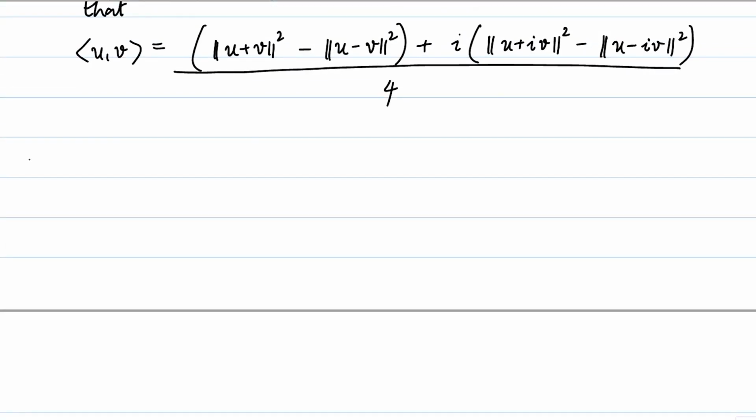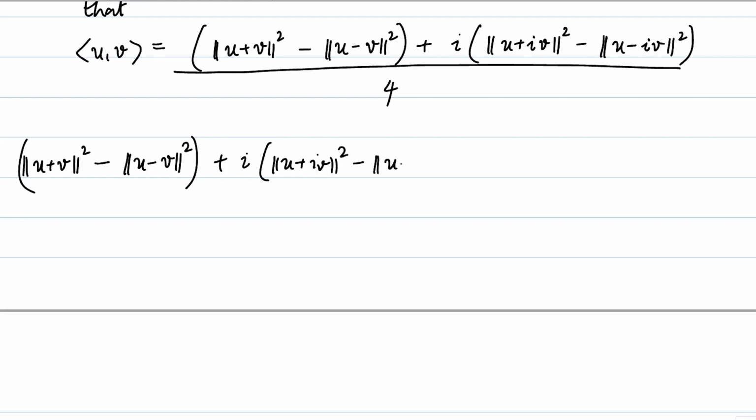So let's look at what is the length of u plus v the whole square minus the length of u minus v the whole square plus i times the length of u plus iv the whole square minus, this is just going to be a huge computational problem involving i and u, v, but nevertheless it's beneficial to look at it because it will help us get familiarized to using inner products.